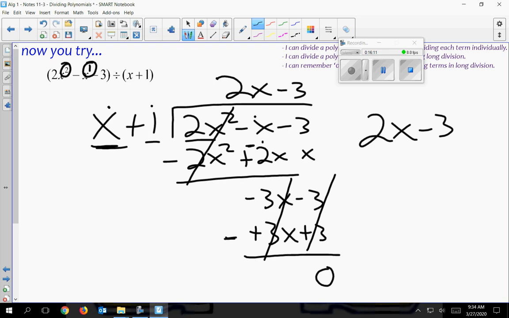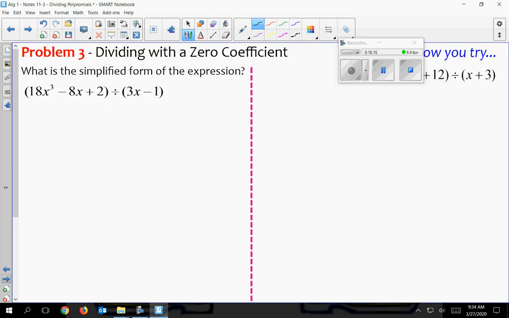Okay, all right, so hopefully you did pretty good there. This is one, a couple here, where we have to think. If I look at my powers here, I got a power of 3 and a power of 1. I'm missing a power of 2. So I have to use something called a placeholder, just 0x squared. It just allows me to keep going through it.